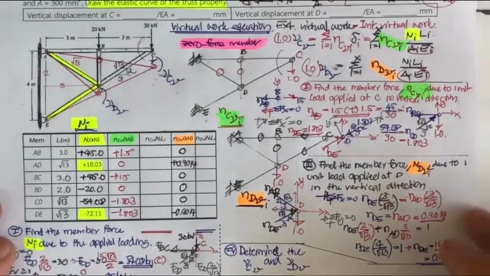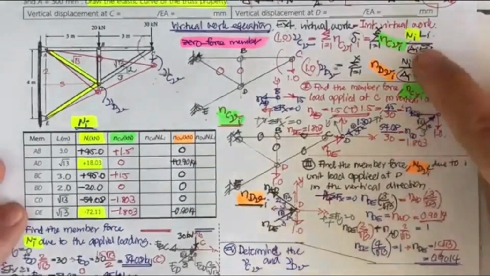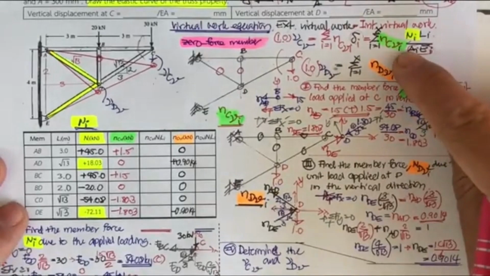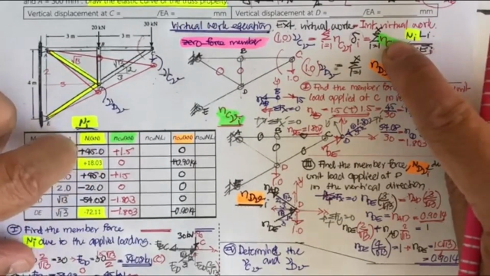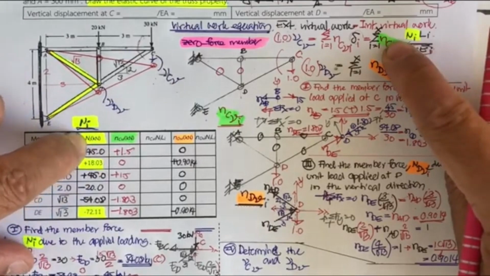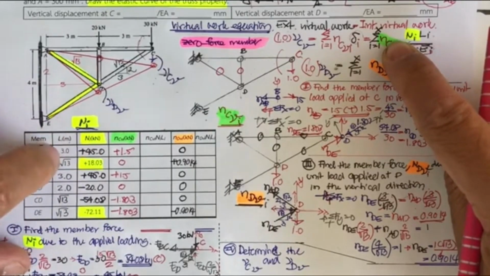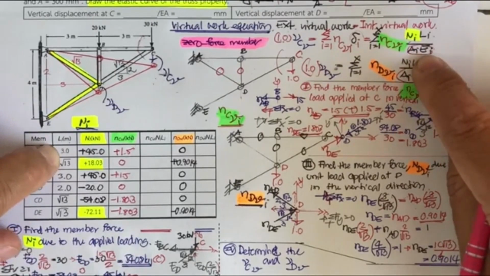Now, if you consider this, that means we got to sum up what? Sum up the normal force times the capital N times L, and then we divide it by AE.